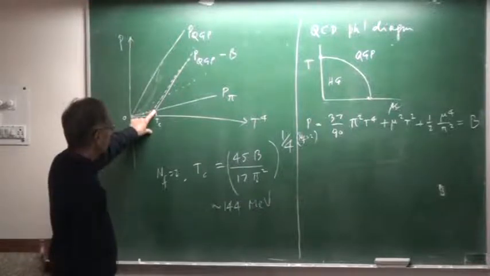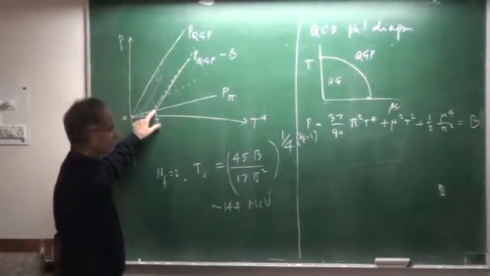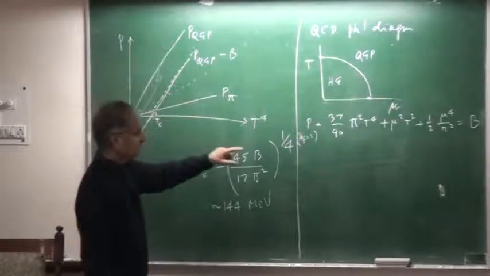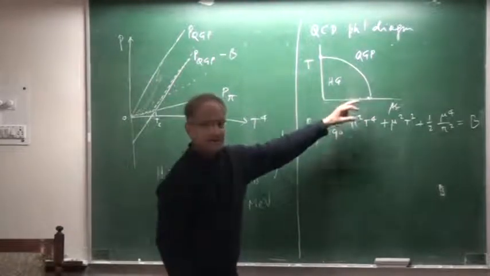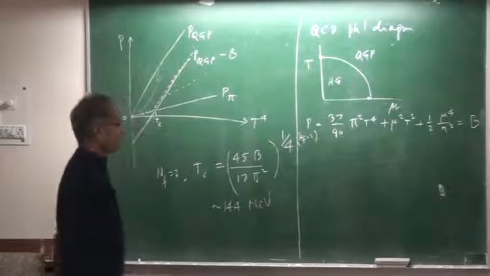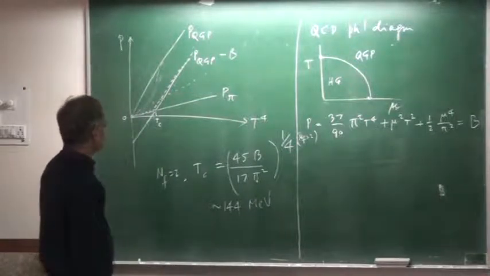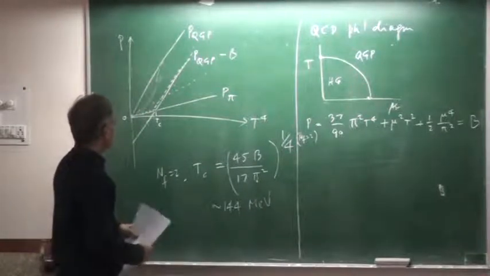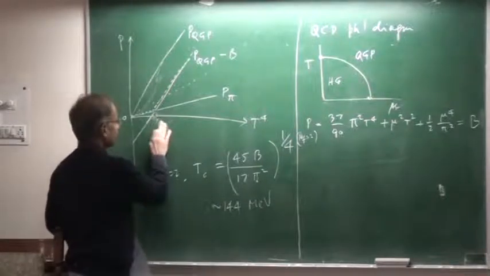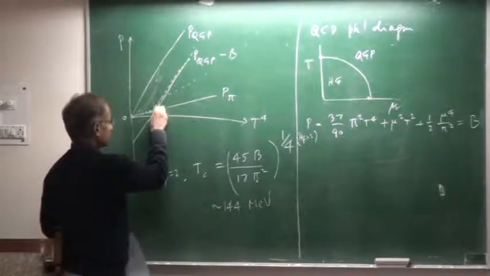Right. Now I'm saying when they're equal, I'm getting this line. So in that picture, this would be the transition.